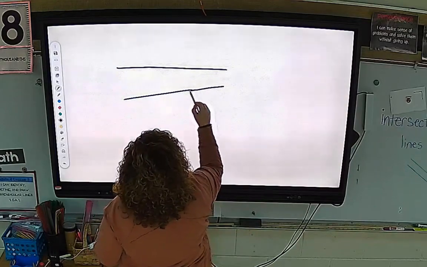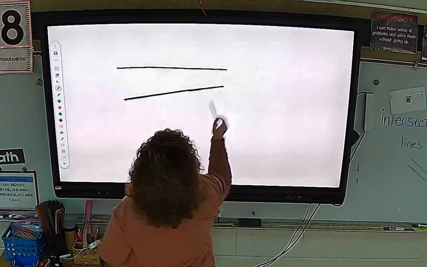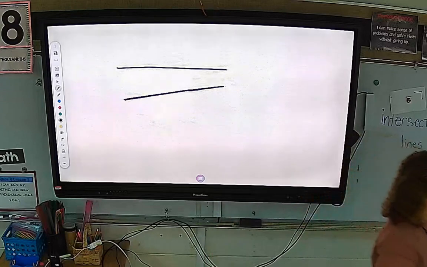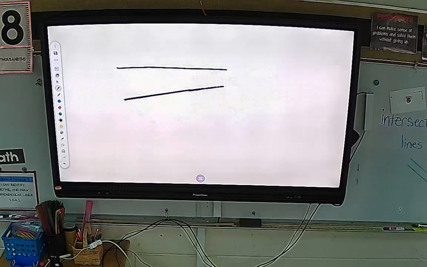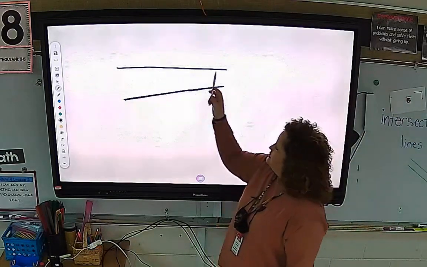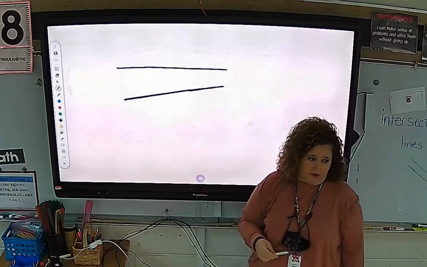And they're not touching each other. Okay, and they'll ask you, are those parallel lines? No. They will touch eventually. These cannot be parallel. One, they're not the same distance apart in all of their spots.